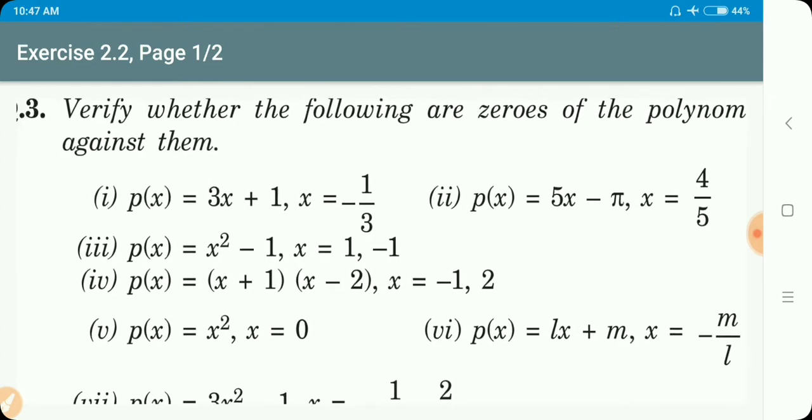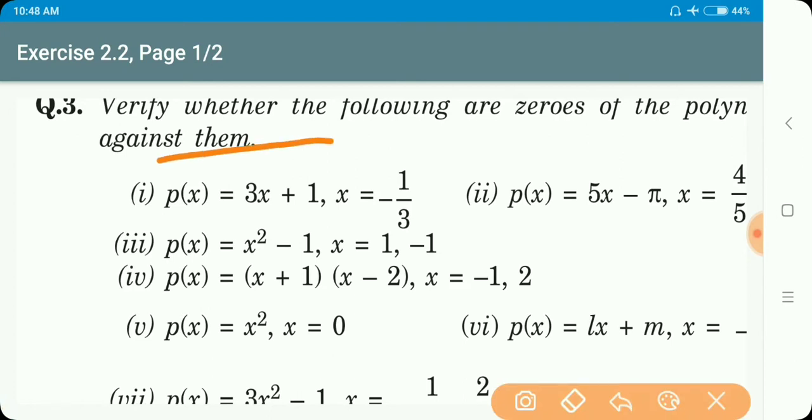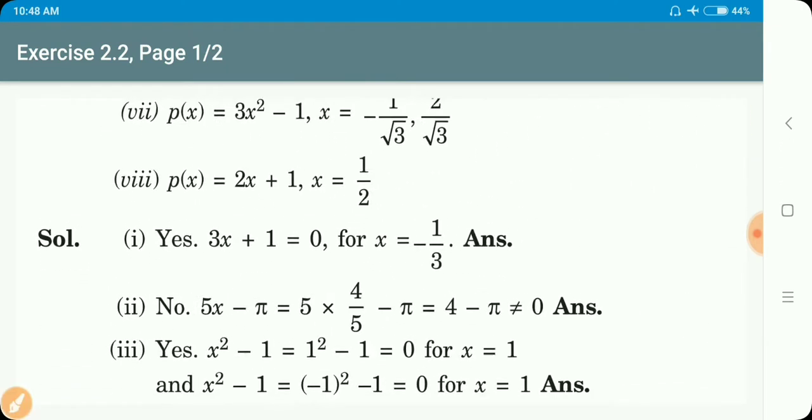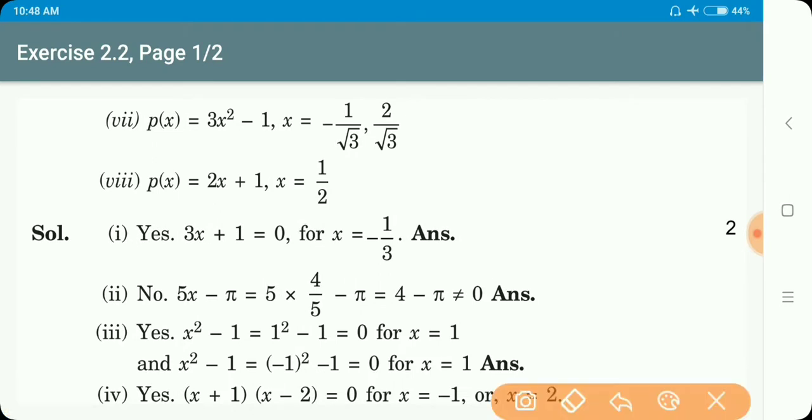So here it is a polynomial p(x), and we have to put x is equal to minus 1 by 3. So I'm getting 3x plus 1 with x is minus 1 by 3, and I'm getting 0. So yes, it is a zero of this polynomial.